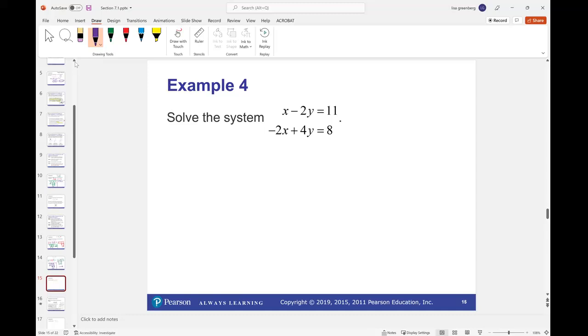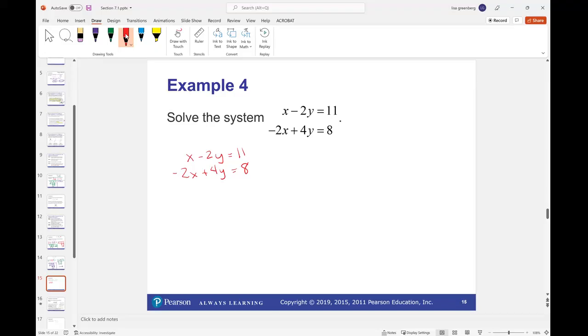I wouldn't say better, but it always works where substitution doesn't always work as easily. So let's begin. X minus 2y equals 11, and minus 2x plus 4y equals 8. Okay, so it just depends on which variable you want to eliminate.